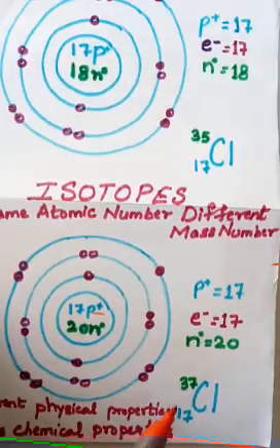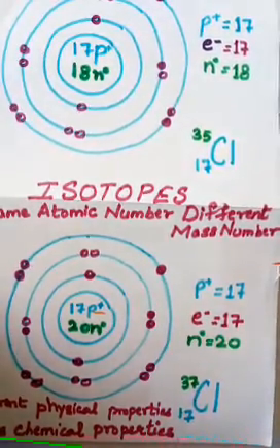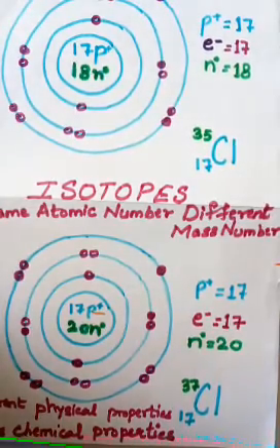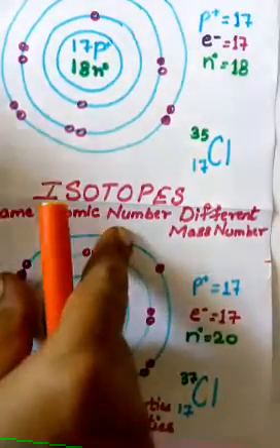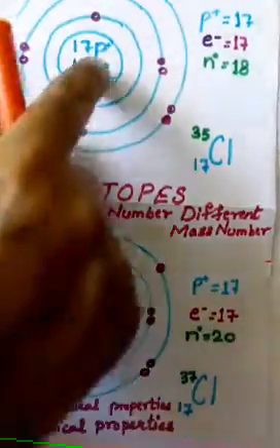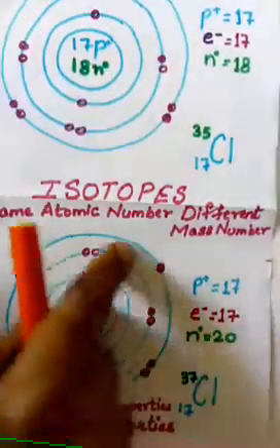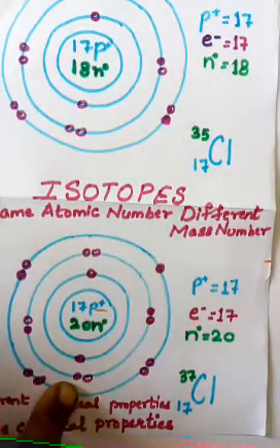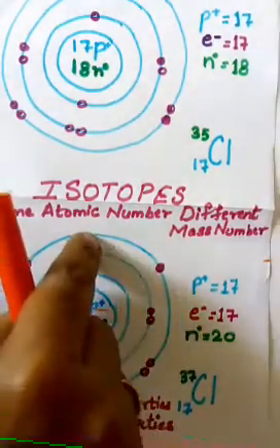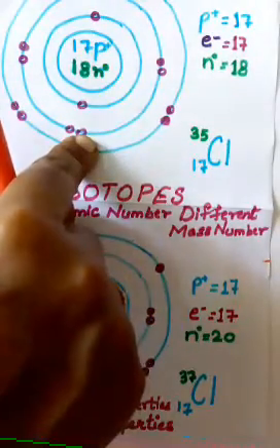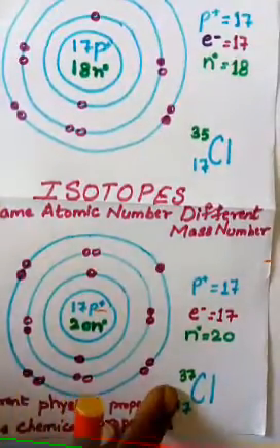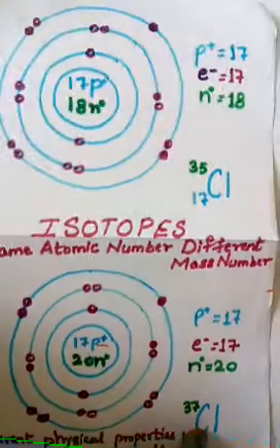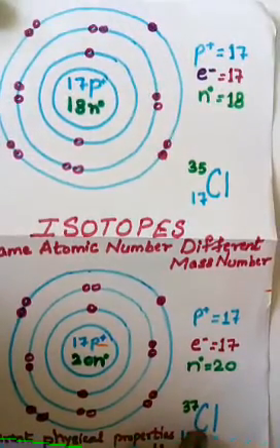Now children, you should also know very clearly that the chemical reactivity of an atom does not depend upon the nucleus. It only depends upon the electrons, how the electrons are positioned. So whether it is chlorine 35 or chlorine 37, in both cases the electron distribution is exactly the same.